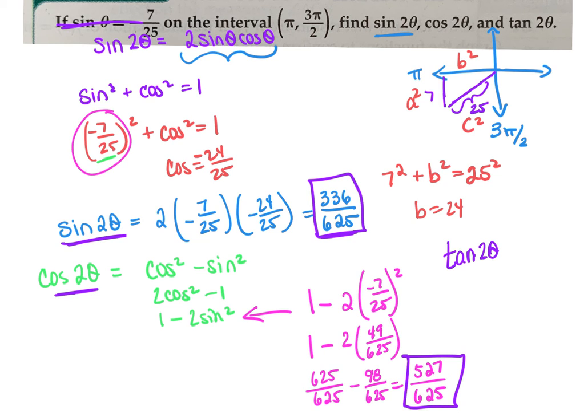So if I have my sine of 2 theta, which is this big humongous guy, over cosine of 2 theta, which is this big humongous guy, let me tell you a little secret about keep, change, flip. When you keep, change, flip and you have the same denominator, it just ends up being numerator over numerator every day, all day. Okay? So when you keep, change, flip, what's really going to happen is this, and you're going to end up with 336 over 527.